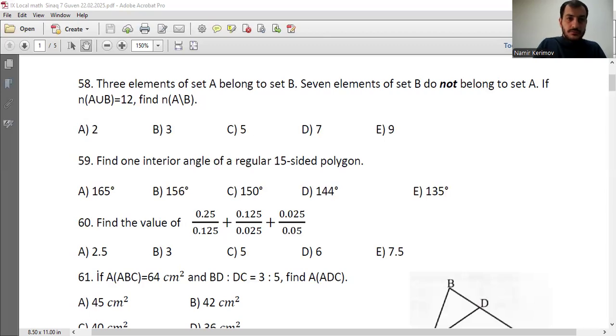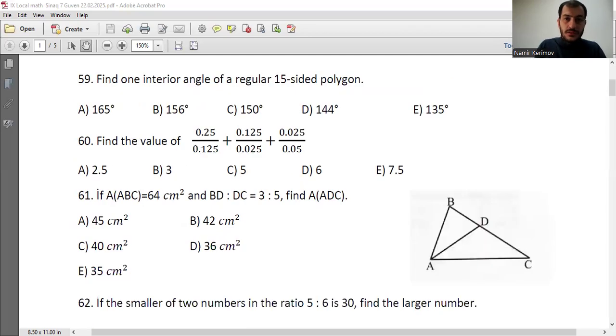Next question. Find one interior angle of a regular 15-sided polygon. So maybe we can say that the formula is 180 times (n minus 2) divided by n. N is the number of sides.